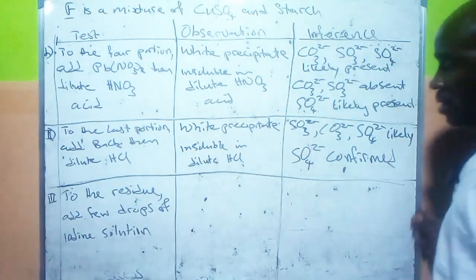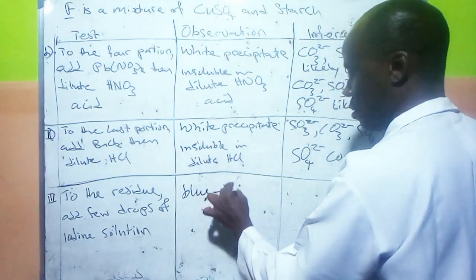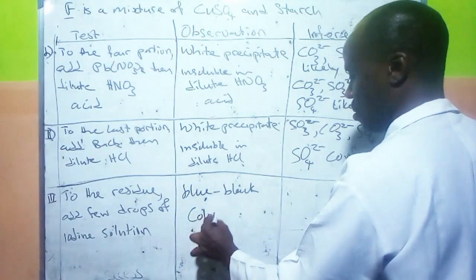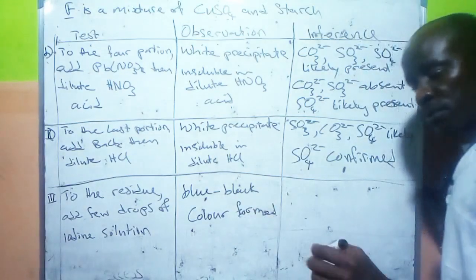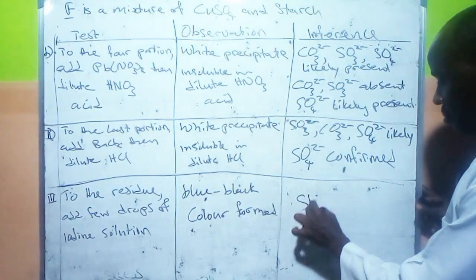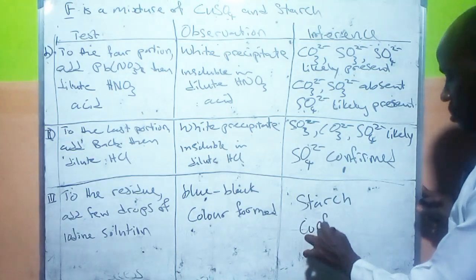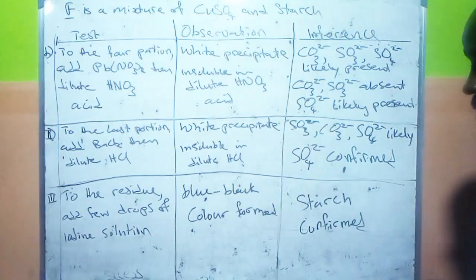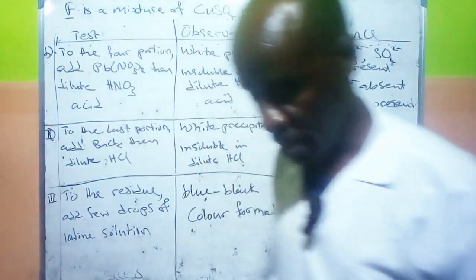So in addition, we have a blue-black color formed. So what we have here is what? Starch confirmed.